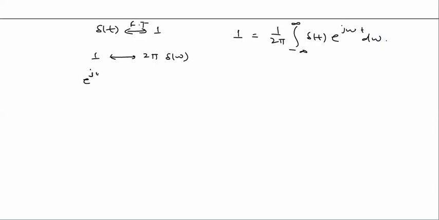Take e power j omega naught t; its Fourier transform is 2 pi delta(omega minus omega naught). For e power minus j omega naught t, the Fourier transform is 2 pi delta(omega plus omega naught).